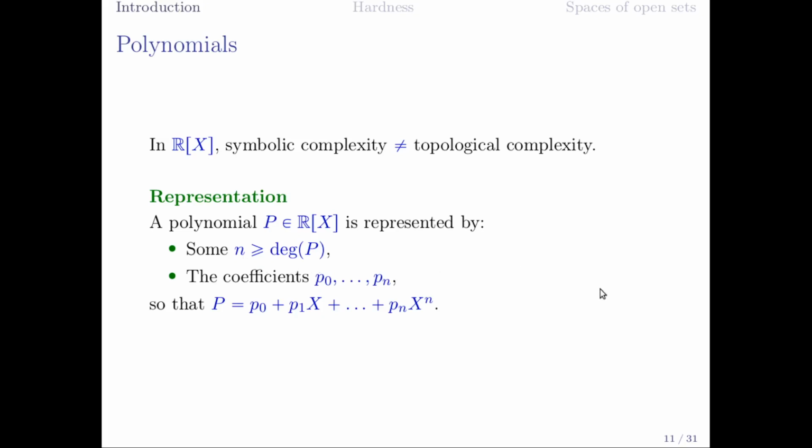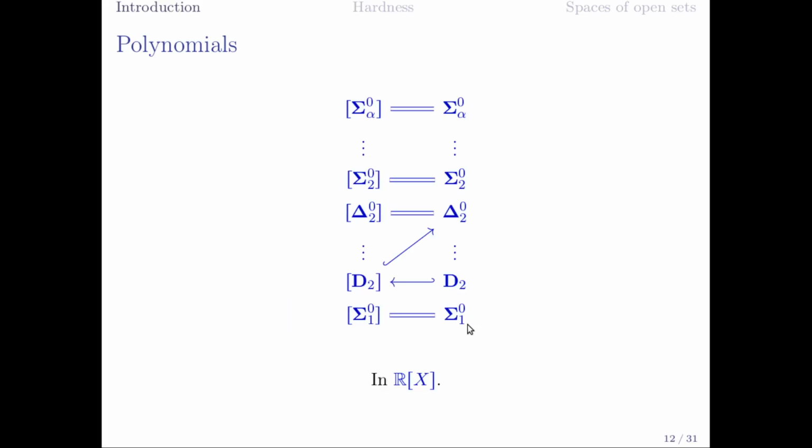And in that space, that's the picture that we get. So we have agreement from level delta 2, so everything above, symbolic and topological complexity agree. However, below delta 2 there is this strange gap.